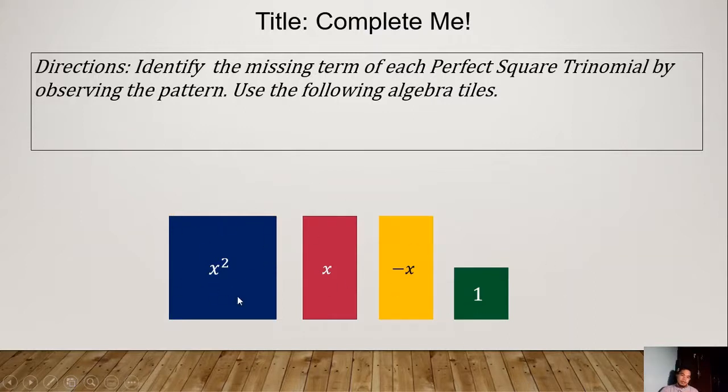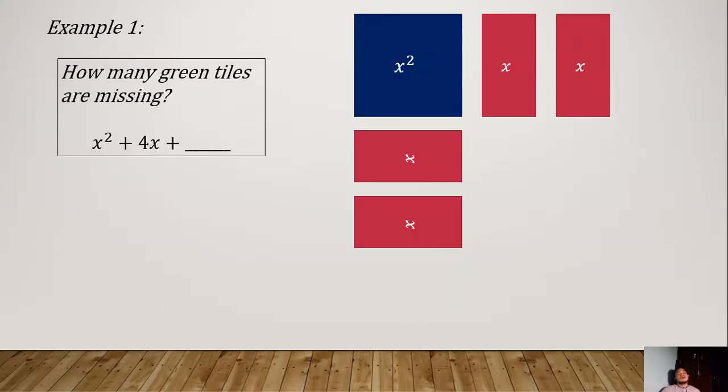We have here the large blue square representing x squared, the pink rectangle for x, the yellow rectangle for negative x, and the small green rectangle for 1. For this one, I will do the first example. The second to fourth examples will be your turn to answer.